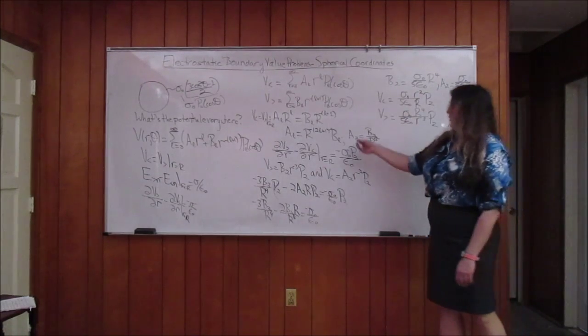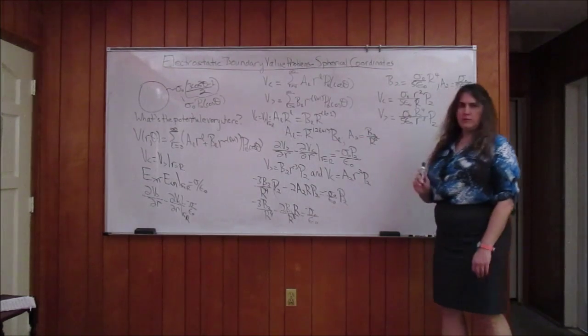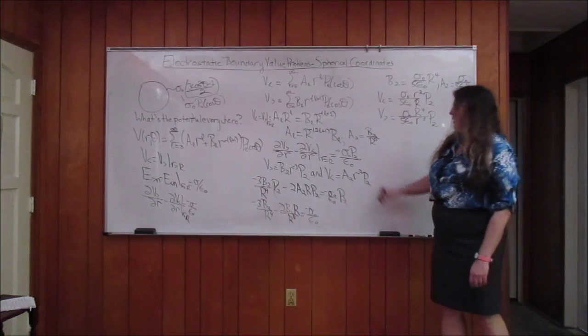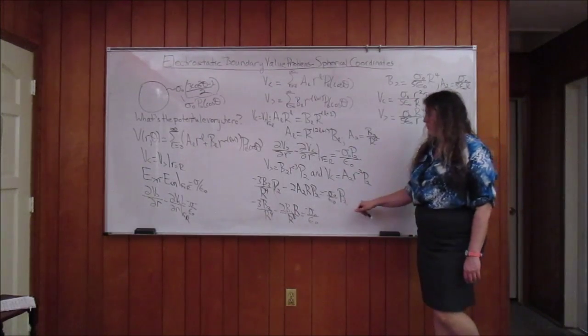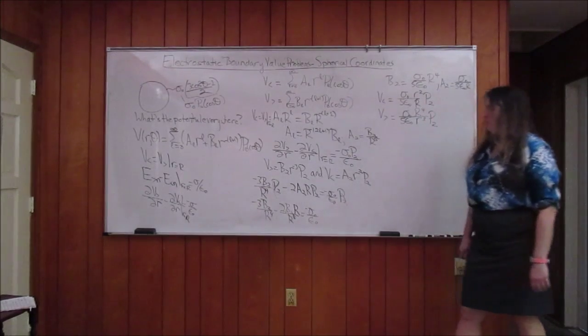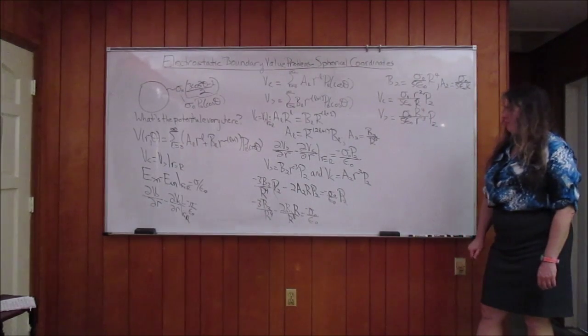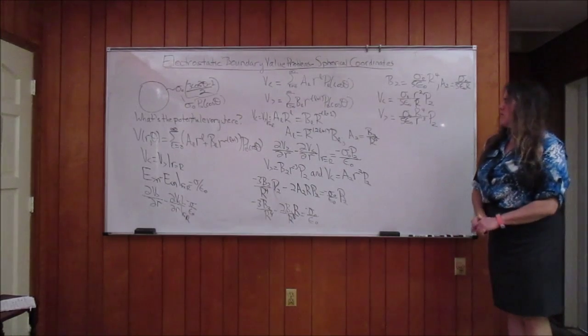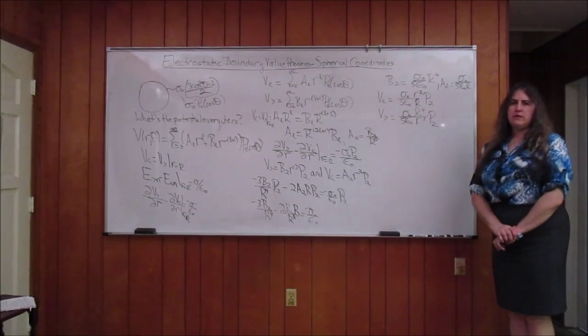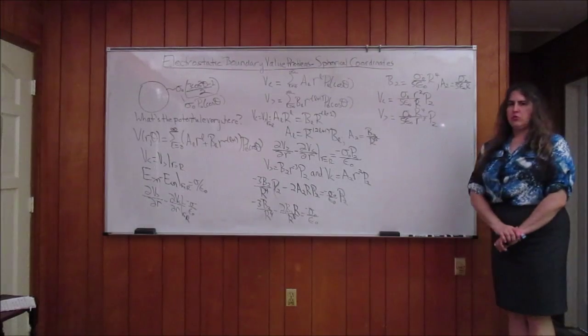So continuity gives you the relation between A_L and B_L, the coefficients, and the discontinuity in the electric field enables you to get a value for the only surviving coefficients. Okay? Let's leave that up there for a minute, and we will move on.